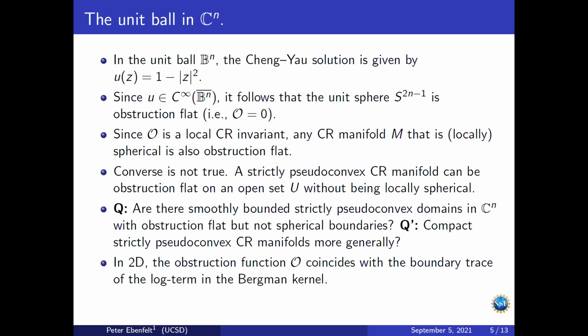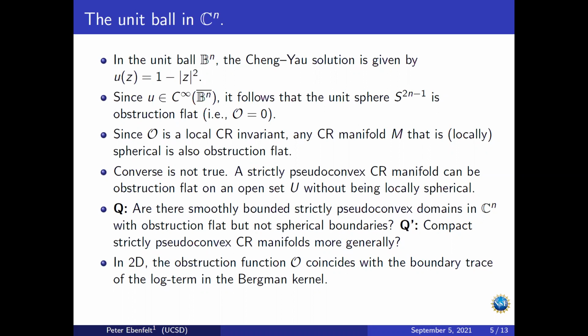And I should also mention here, for those of you who are interested in the Bergman kernel, in 2D, or equivalently for three-dimensional compact strictly pseudoconvex hypersurface CR manifolds, it turns out that if you take a domain in C2, then the obstruction function coincides with the trace of the log term in Fefferman's expansion of the Bergman kernel.